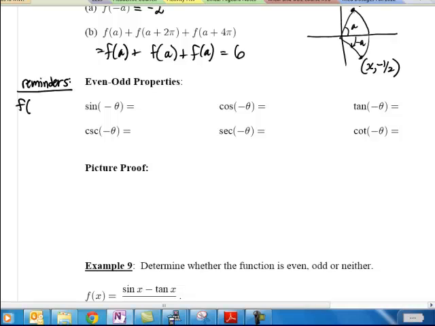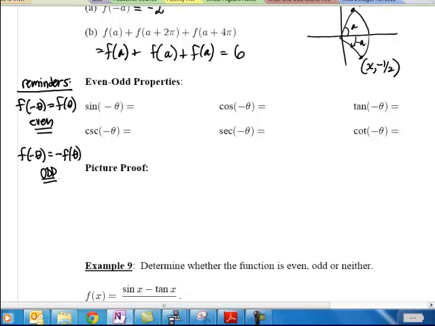If f of the opposite input gives you the same thing as just f of theta, that's what's called an even function. But if you change the sign on your input and the output also changes, that's what's called an odd function. So those are the definitions of even and odd that you should have from College Algebra 1.